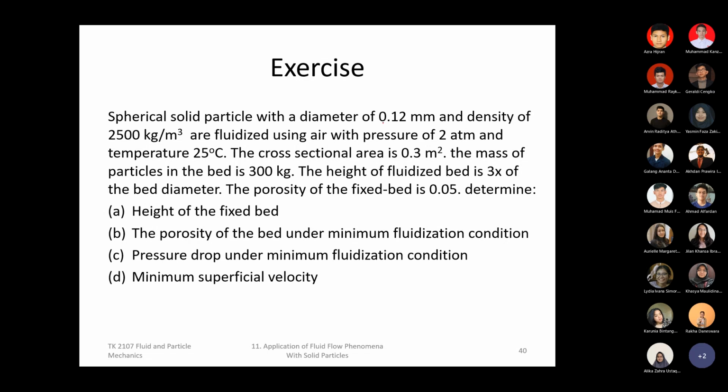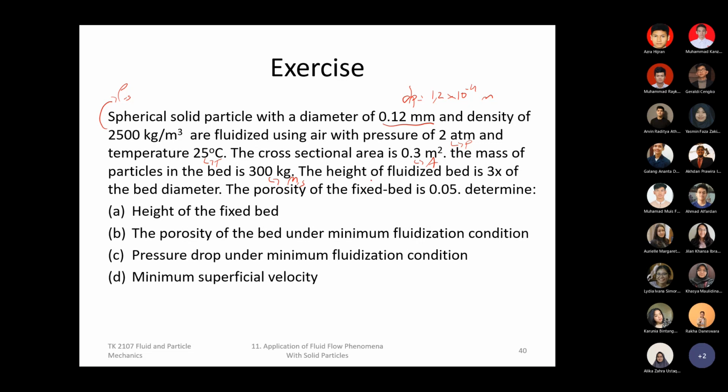Okay, so here you have a diameter of particle, dP 1.2 times 10 minus 4 meter. That's the density of the solid. That's the pressure, maybe required later. That's the temperature. That's the area of the vessel, of the fluidized bed column. And then that's your mass of solid.